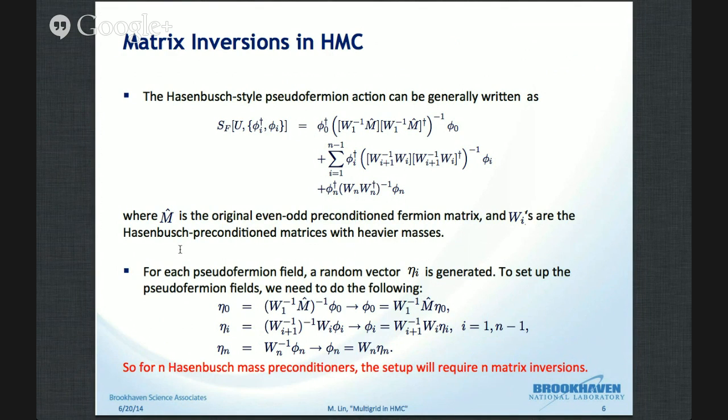So here now you see when i is larger than 1, then in addition to the regular term, you'll have some terms involving the matrix inversions. So with n Hasenbusch mass terms, the setup will require n matrix inversions. But this is still not the big cost of HMC, because with the Hasenbusch mass terms, usually the masses are heavy, so these inversions are not that hard.